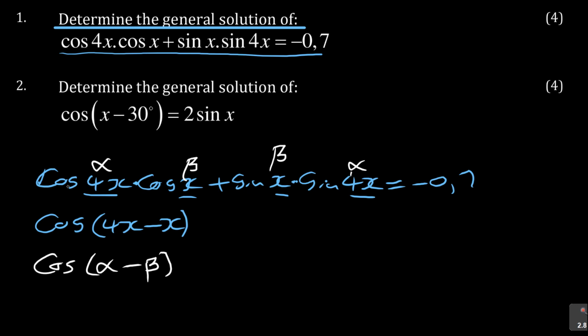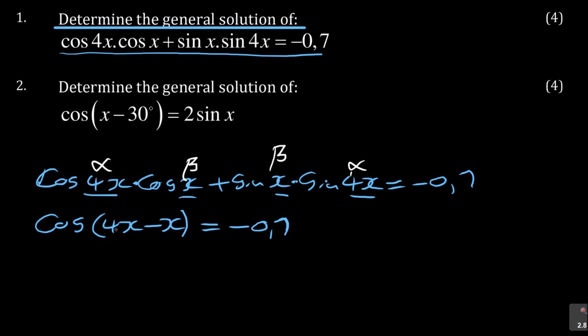So it was supposed to be cos x cos alpha plus sin x sin alpha. Alright, so that is that part, then equal to negative 0.7.